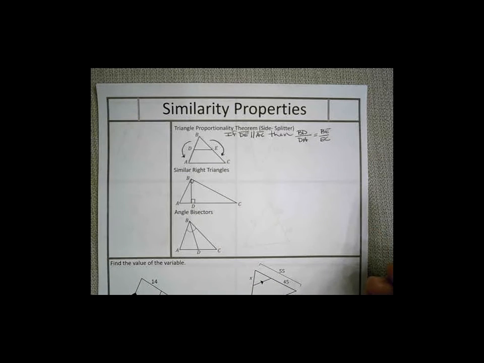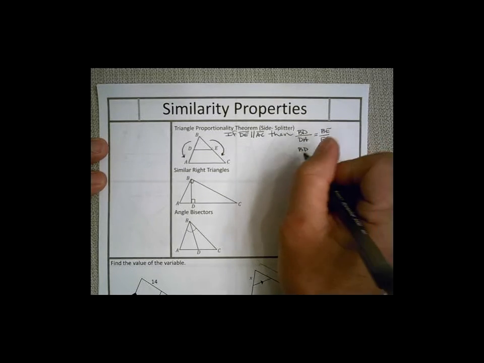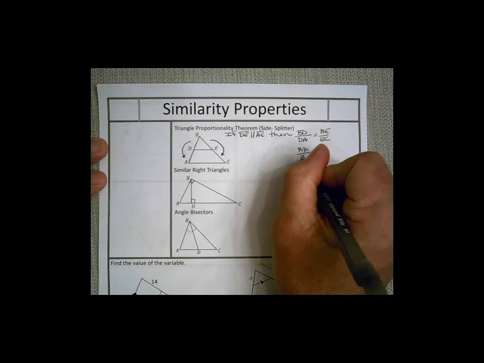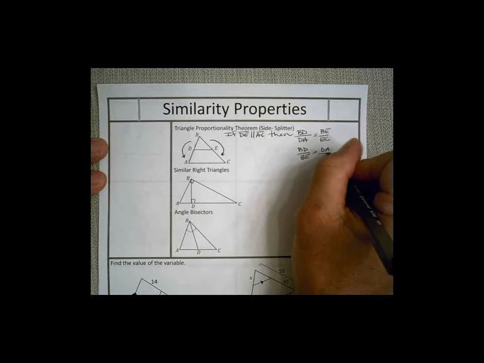And the reason I do that is I want to show you there's actually more ways to get these ratios correct than there are to get them wrong. Because the other ratio we could also do is BD over BE equals DA over EC.